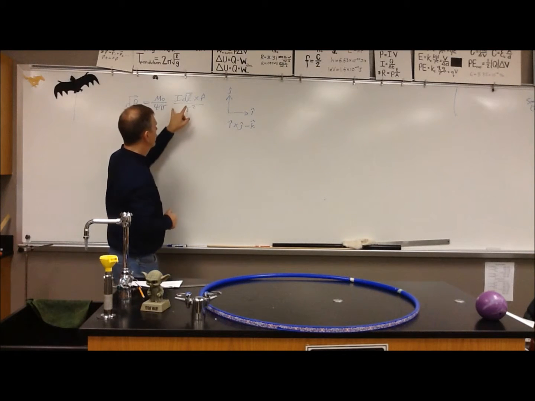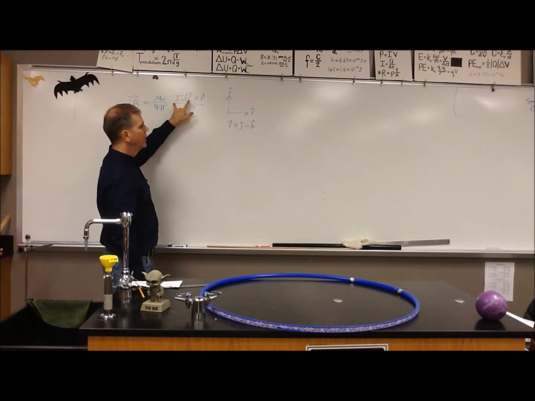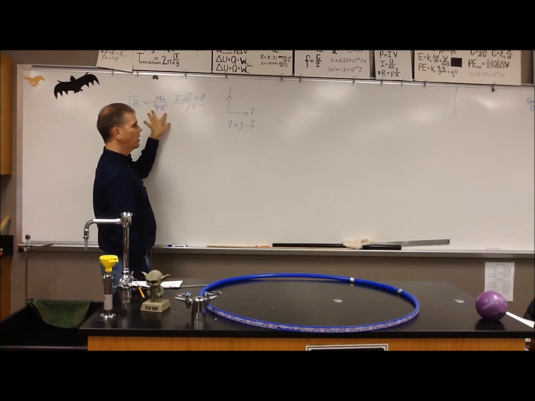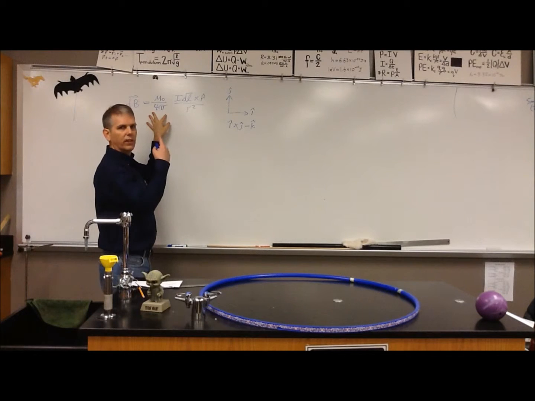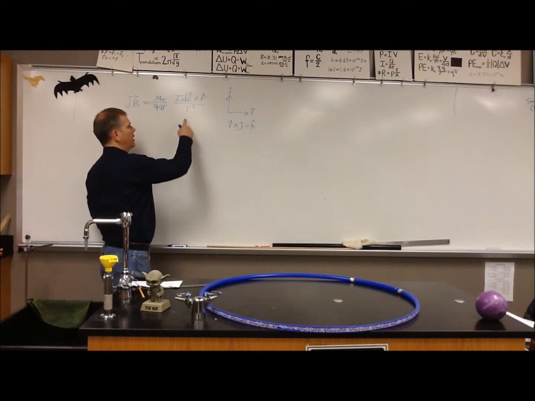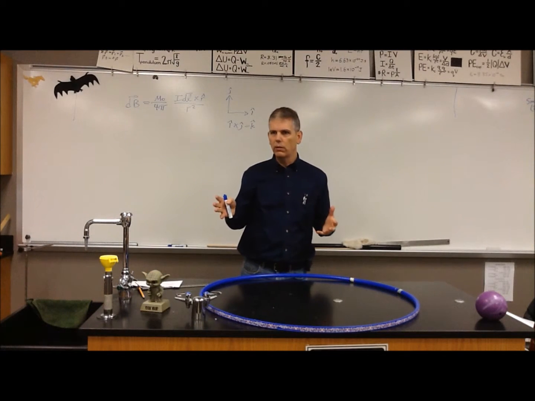Now, you may wonder about this little Idl. It took me a while to realize, and I feel a little stupid here, why we have an Idl here and that I isn't over here. We notice that these are constants, aren't they? The permittivity of free space and 4 pi, those are constants. Well, isn't I, if we have a conducting loop or a wire, isn't I a constant as well?